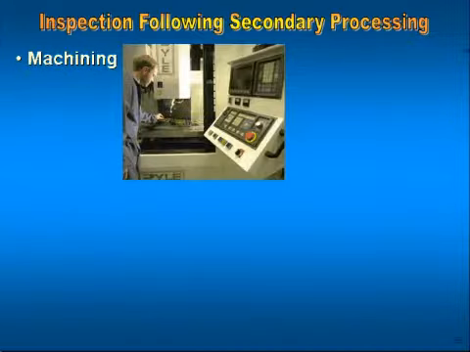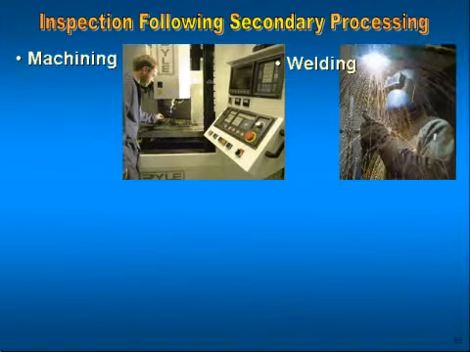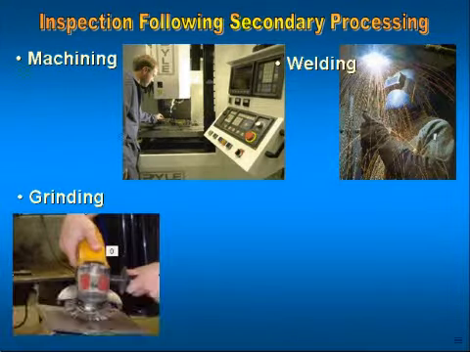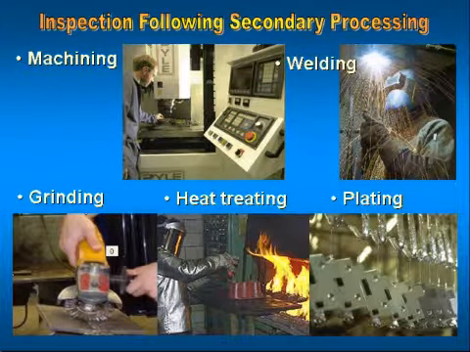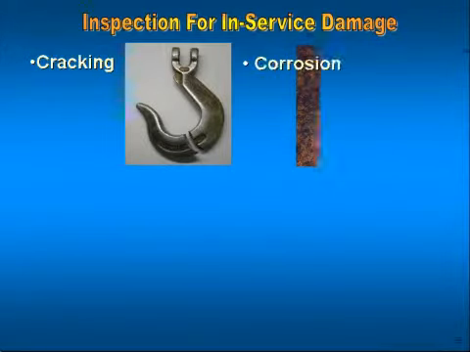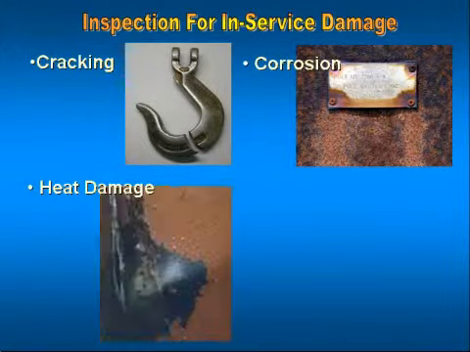Inspection following secondary processing. These secondary processes include machining, welding, grinding, heat treating, plating, and so on. Inspection for in-service damage. Examples of in-service damage are cracking, corrosion, erosion or wear, and heat damage.